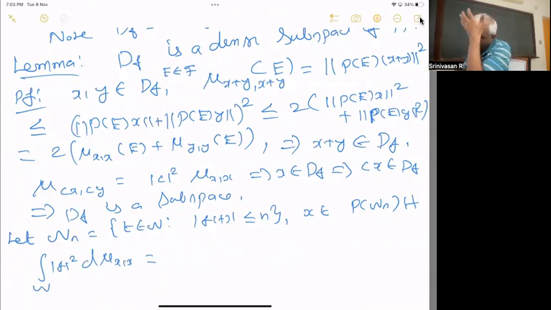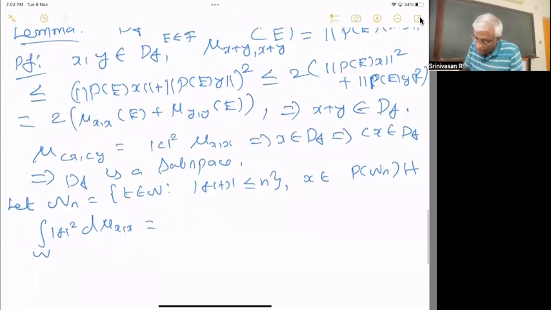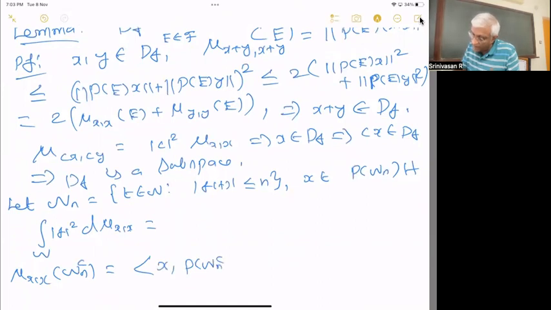Notice that mu xx of omega n complement equals the inner product of x with P of omega n complement x. This is equal to 0, because x is in the range of P of omega n and P of omega n complement is orthogonal to it. So mu xx of omega n complement is 0.